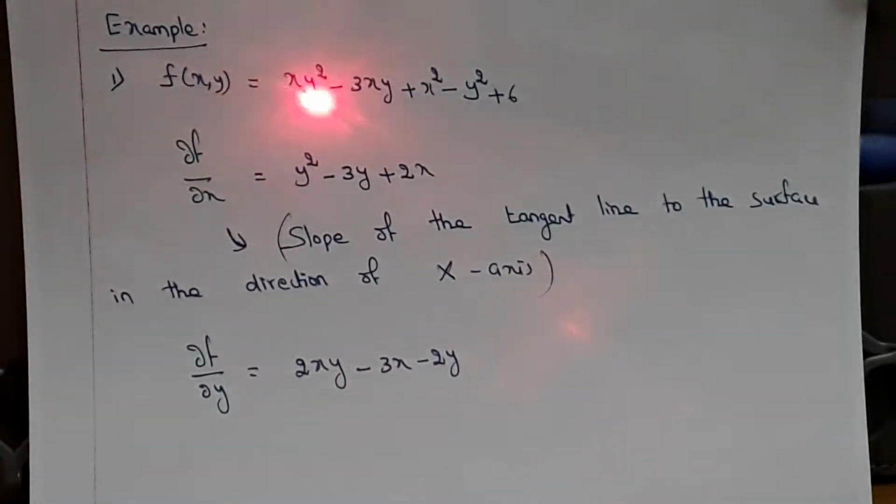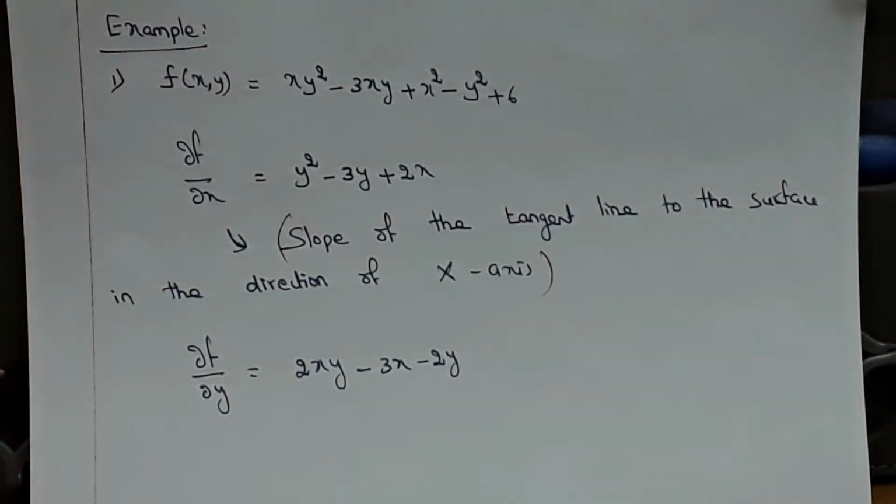So differentiation of y square is 2y, so 2xy will come. Next we treat x as constant, so differentiation of y is 1, so minus 3x will come. Differentiation of x square becomes 0. Minus y square differentiation is minus 2y. Plus 6 differentiation is 0. So we are getting the partial derivative with respect to y, keeping x as constant.